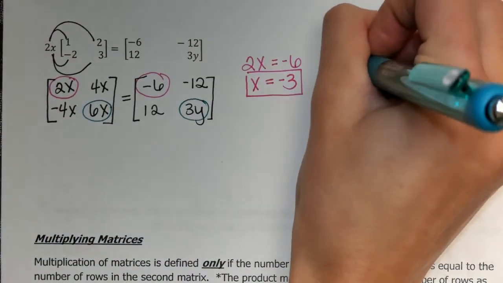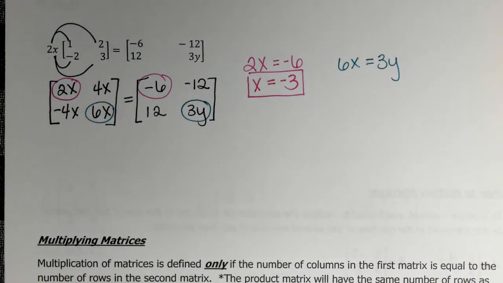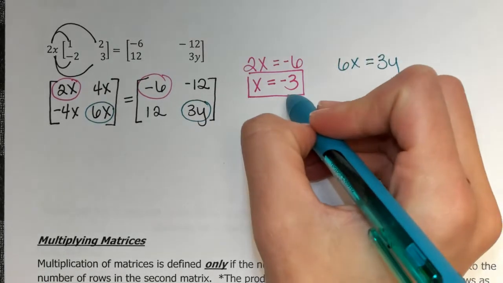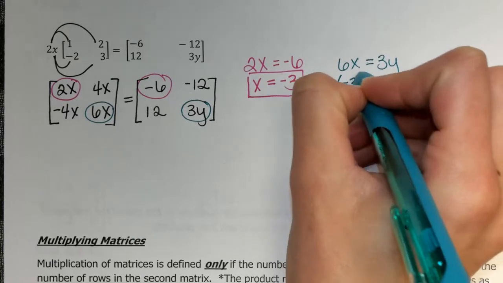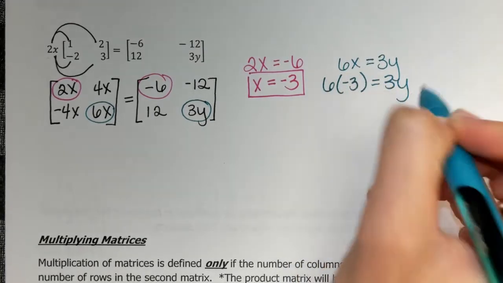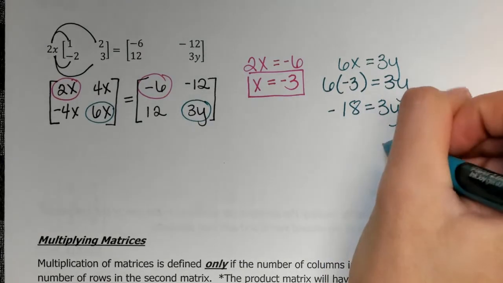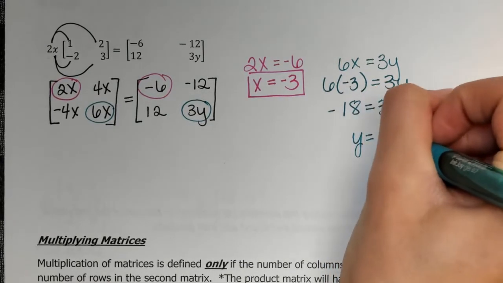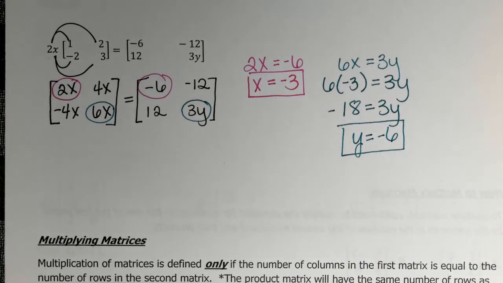So I've got 6x is equal to 3y. I've already solved for my x, so I'm going to take that negative 3 and plug it in. So that gives me negative 18 is equal to 3y. So y is equal to. Y'all good with that? That's the really simple part.